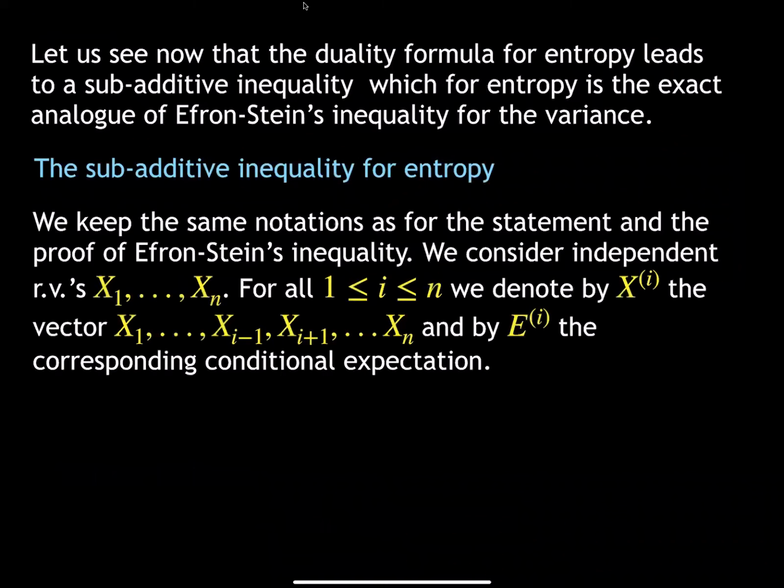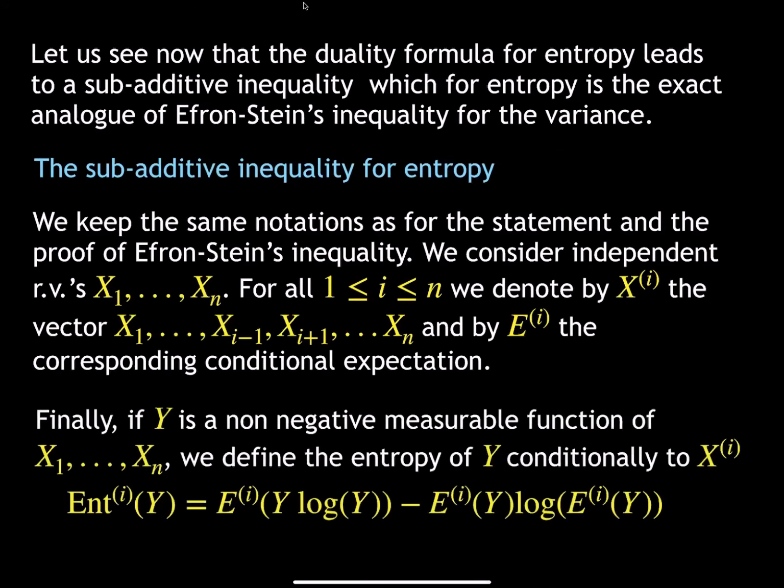So let's do that. So let's consider conditional entropies. Conditional entropies will just be defined as usual entropies, but substituting conditional expectation for ordinary expectation. So the definition is very simple.